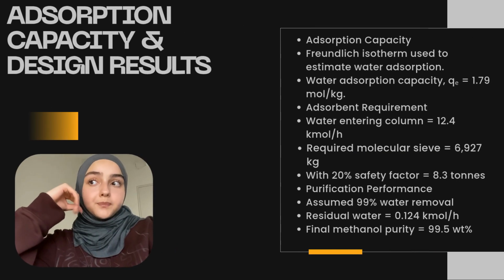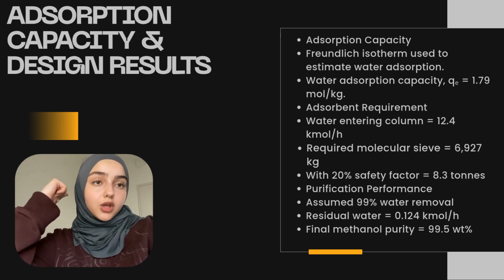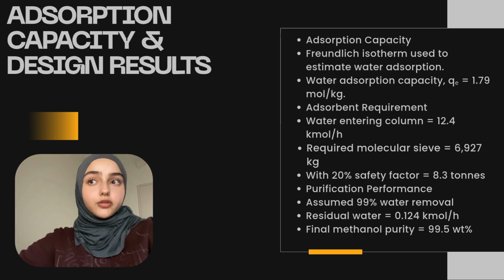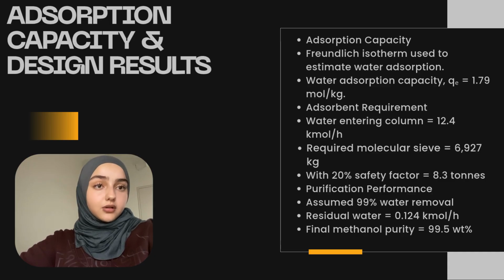The Freundlich isotherm was used to estimate the adsorption capacity of the type 3A molecular sieve, giving a value of 1.79 moles of water per kilogram of adsorbent. Based on the water entering the system, approximately 6,927 kilograms of molecular sieve are required after applying a 20% safety factor.